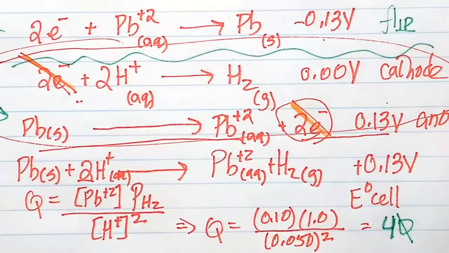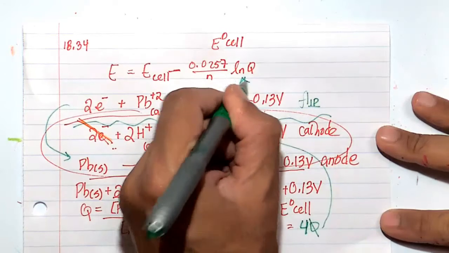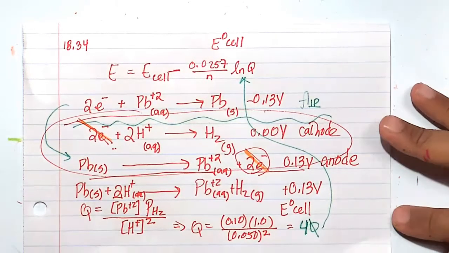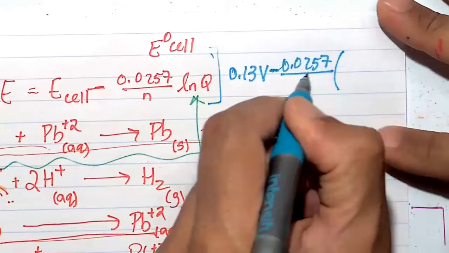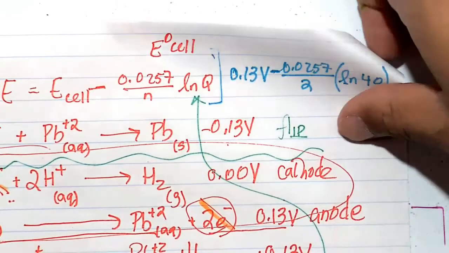It's 40, and that's going to go right here into our Nernst equation. So let's plug everything into our Nernst equation. Times natural log of Q, we already figured out that Q is equal to 40.